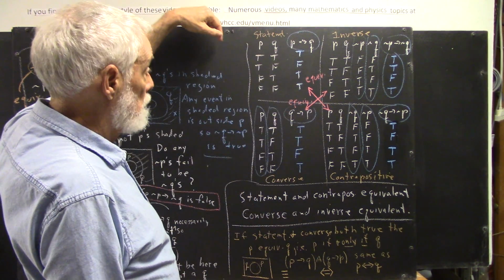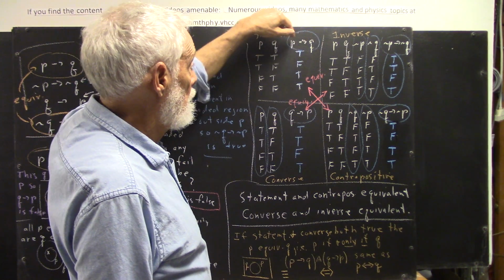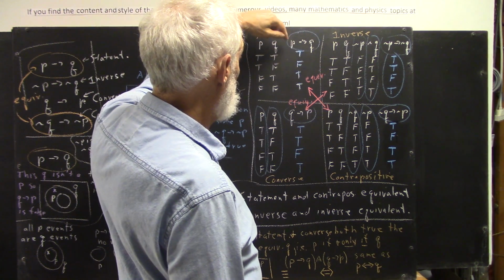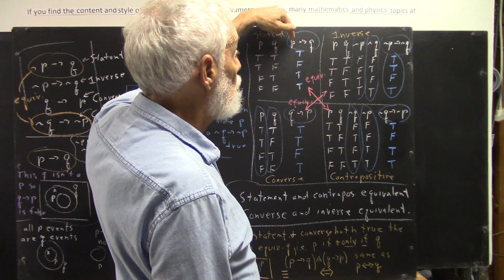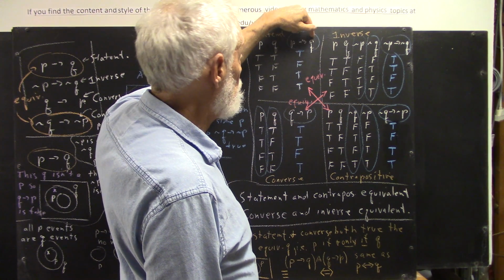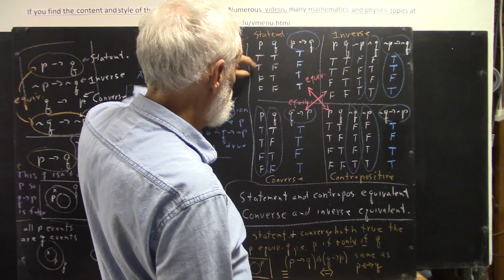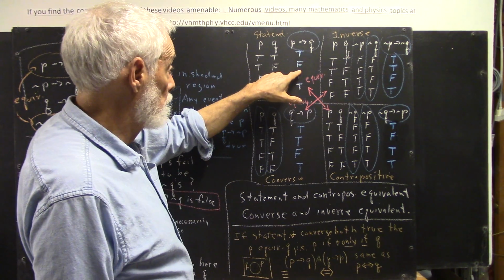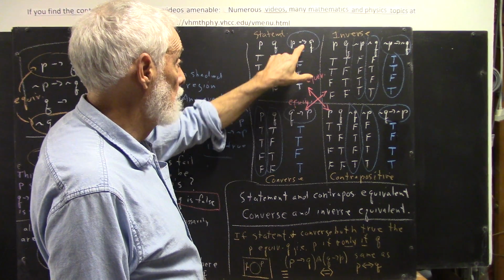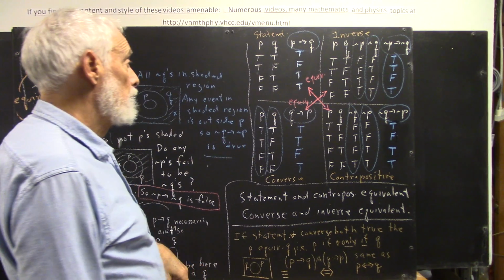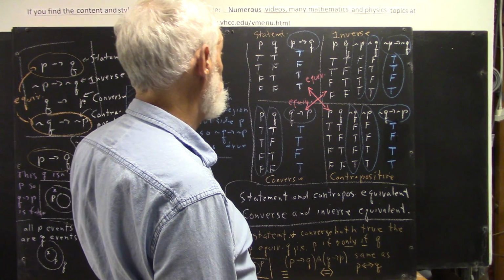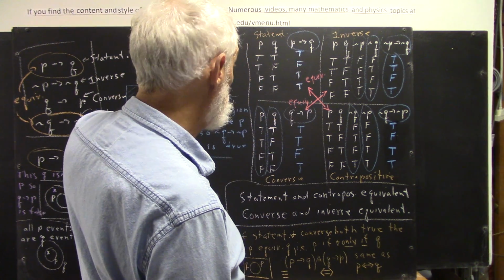So we have the condition where P and Q have the truth values true for the antecedent, false for the consequent. That occurs in this row where we then conclude that in this event the statement is false. In all other events, the statement is regarded as true.